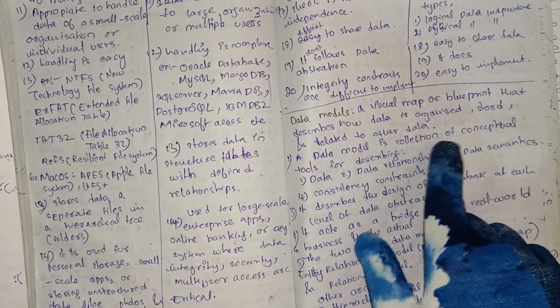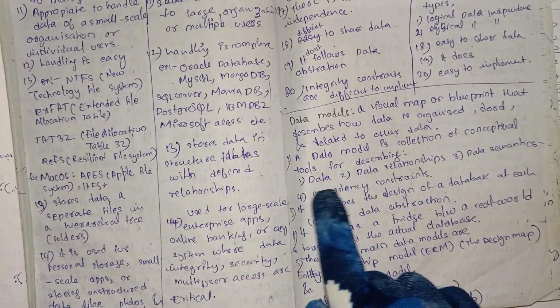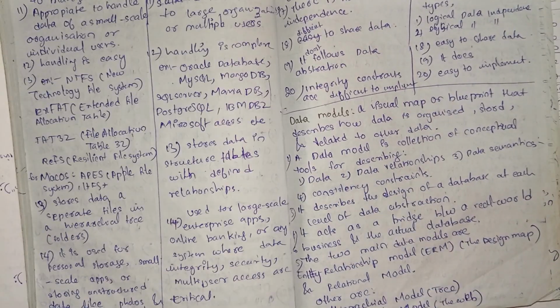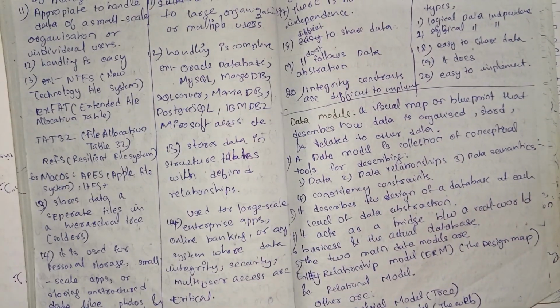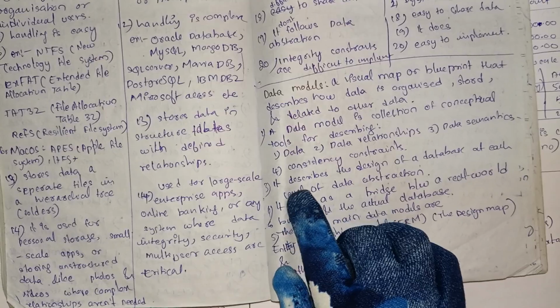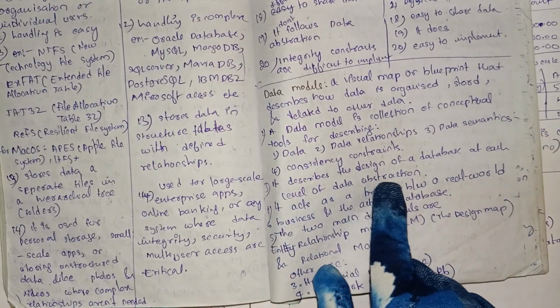A data model is a collection of conceptual tools for describing data relationships, data semantics, and consistency constraints. These four concepts I have explained in the previous classes. If you want that, then watch those videos. And it describes the design of a database at each level of data abstraction.